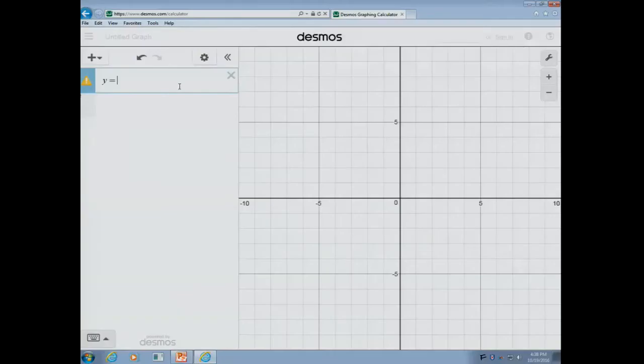Now, just so that you can visually see what this is, I'm going to graph this on my graphing computer here, or Desmos as I like to use, which is a website that you can use as well.